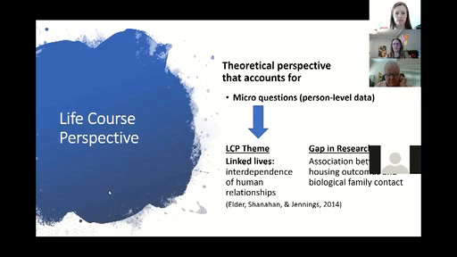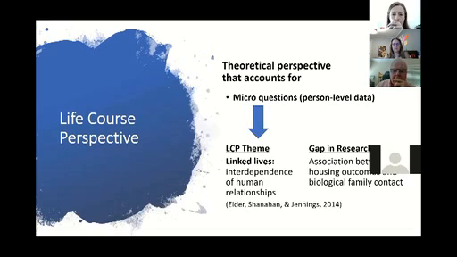Next, on the micro level, I wanted to look at the associations between housing outcomes and biological family contact. In practice and in qualitative research, it's been documented that young people who exit care as young adults often return to biological family. And we don't have very much information about that.